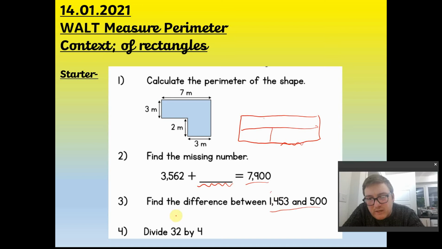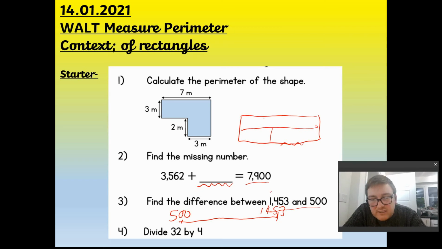So we could use a timeline, 500 at one end, and at the other end we've got 1,453, and we could count up in tens, hundreds, thousands and figure out the difference. That's one way of doing it.